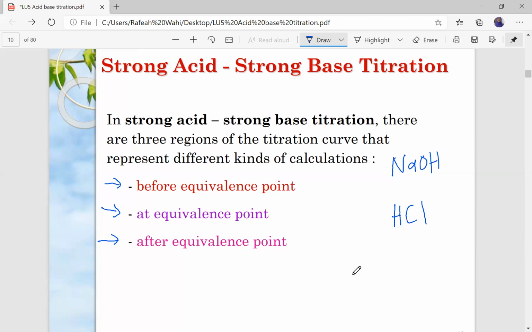I hope you can jot this down because there are different formulas for the points before equivalence, at equivalence, and after equivalence.